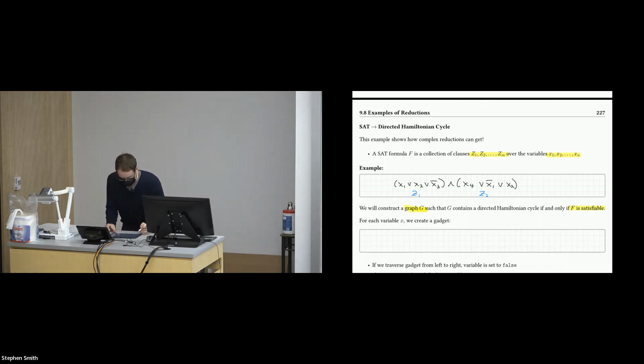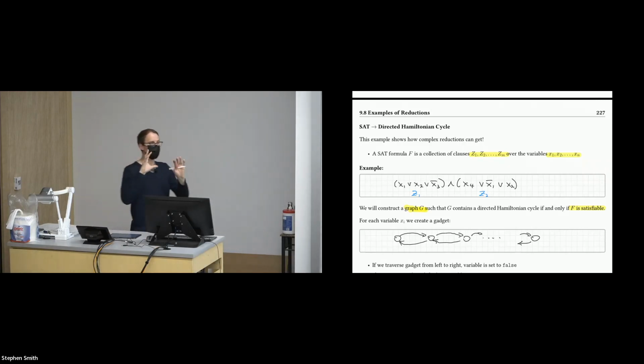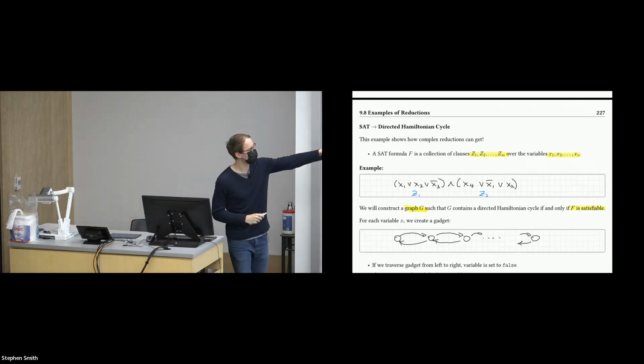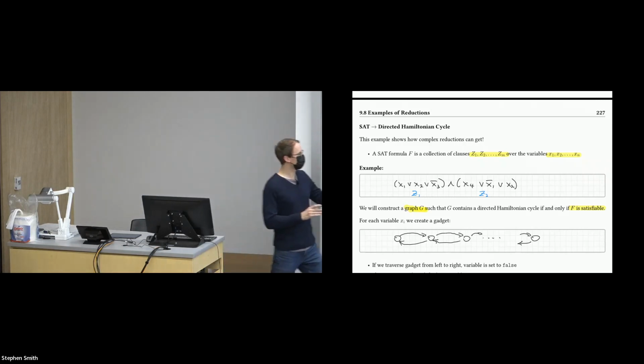But the idea is for each variable xi, we create a gadget. And a gadget looks like this. It's just a bunch of vertices in a row connected to their neighbors, and then connected going backward as well. I'm going to control the way these things are connected so that the only way to visit all the vertices in it is to traverse the whole chain from left to right or from right to left.